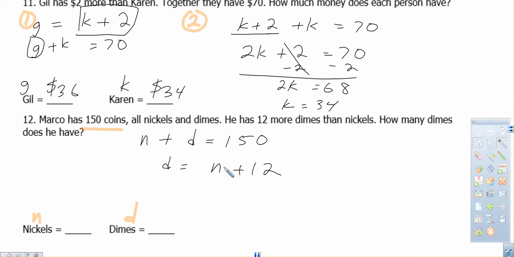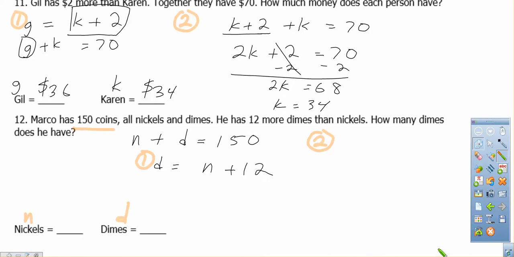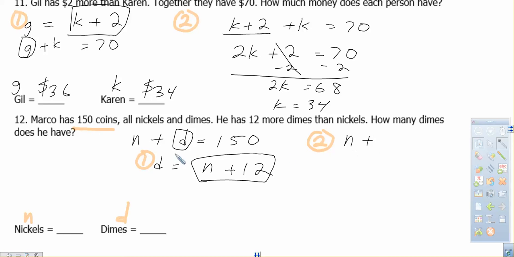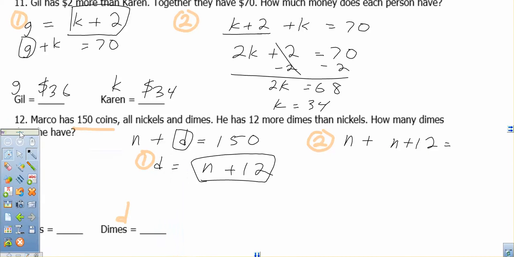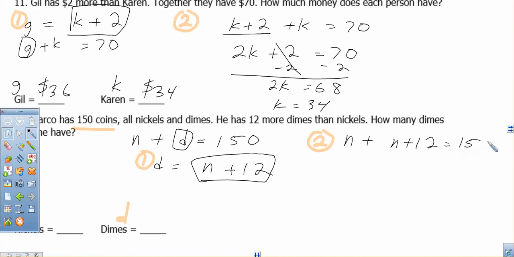All right. So first step is to select this equation right here, d equals n plus 12. Step 2, replace it in the original into this other equation right here. So we'll take n plus 12, plug it in where d is. So we have n plus n plus 12 equals 150. Combining like terms, we get 2n plus 12 equals 150.